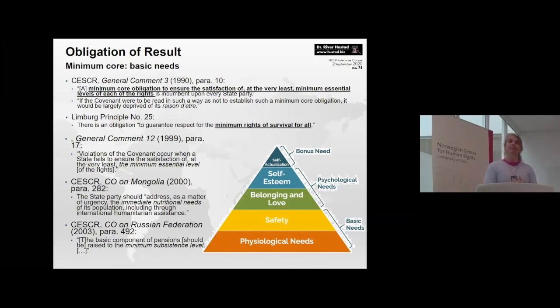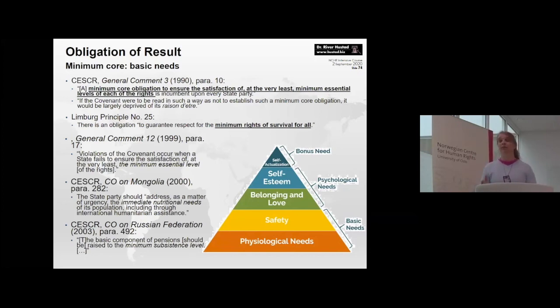The committee has said that there is a minimum core obligation to ensure the satisfaction of, at the very least, minimum essential levels of each of the rights. There are examples of how they talk about minimum rights of survival, minimum essential rights, immediate nutritional rights, minimum subsistence rights. We think about that minimum as the basic needs to survive.